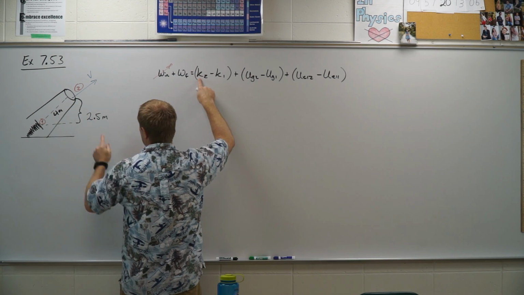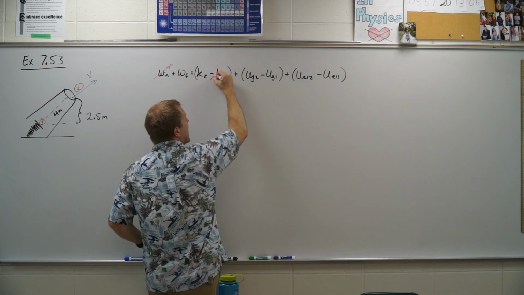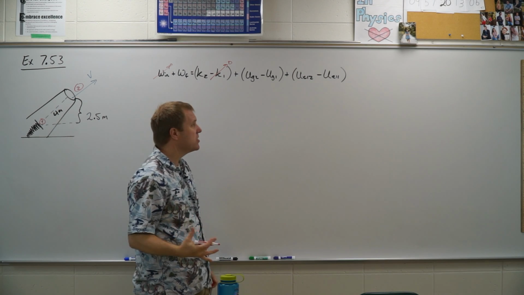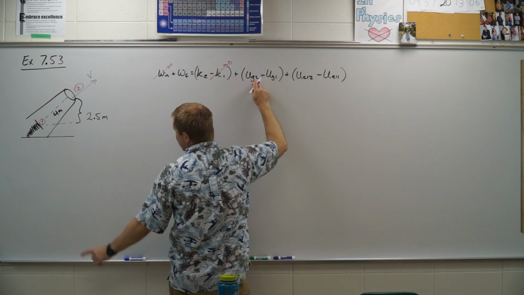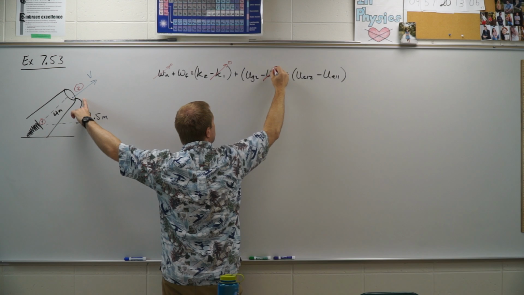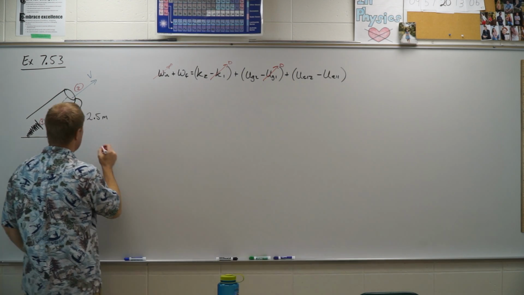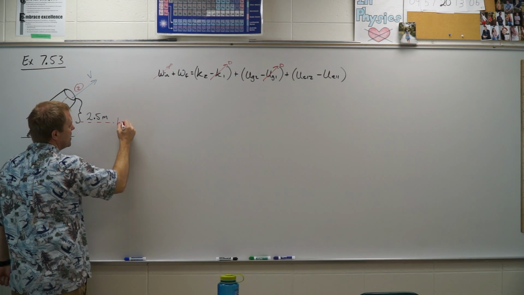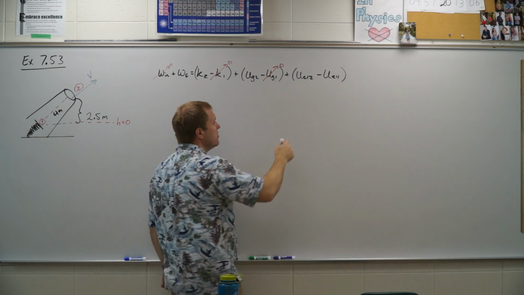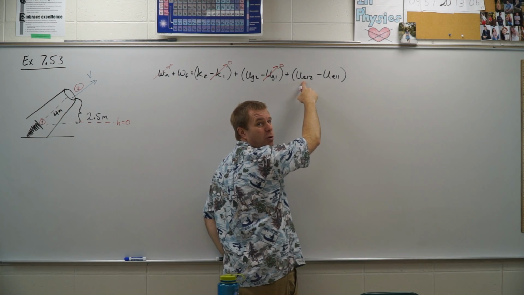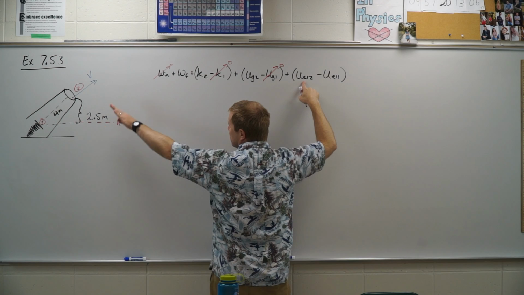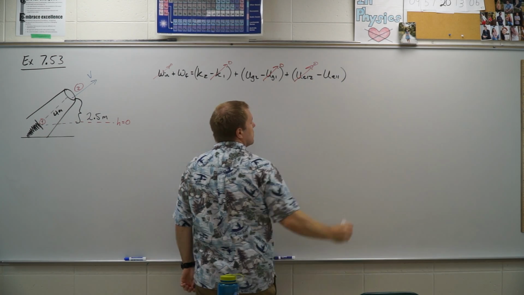He does have kinetic energy when leaving the gun, does not have kinetic energy at the start. At the end, he does have a height of 2.5 meters, at the start 0. So we are going to call his starting height 0. And then the spring is no longer storing energy once it's been released.